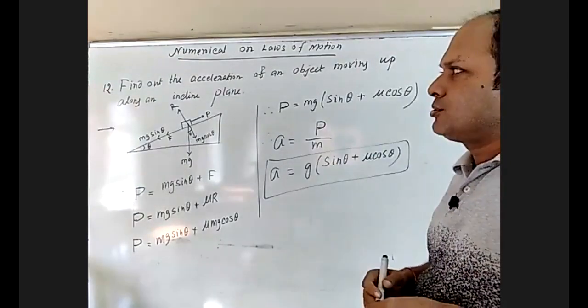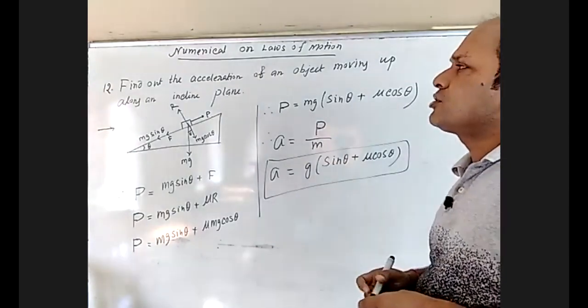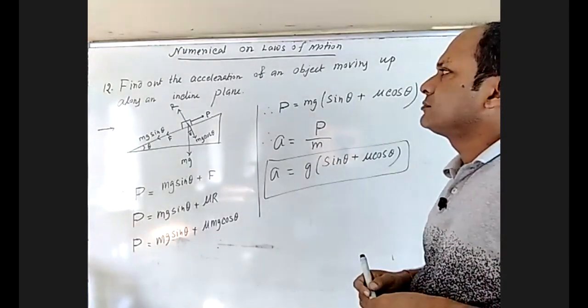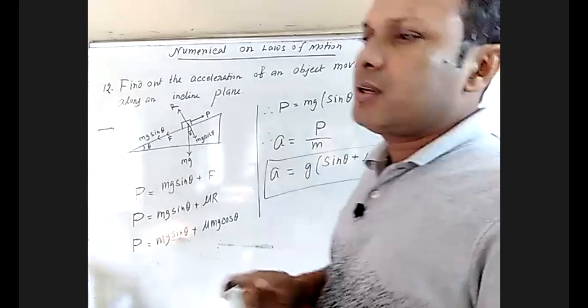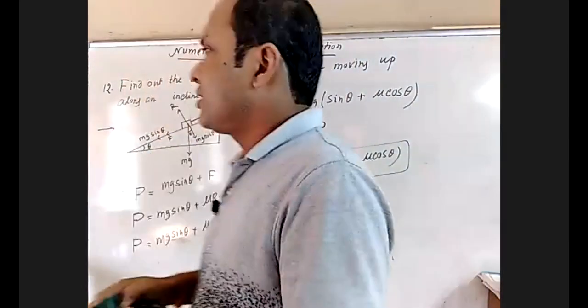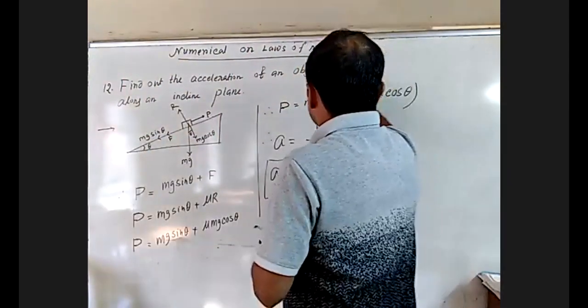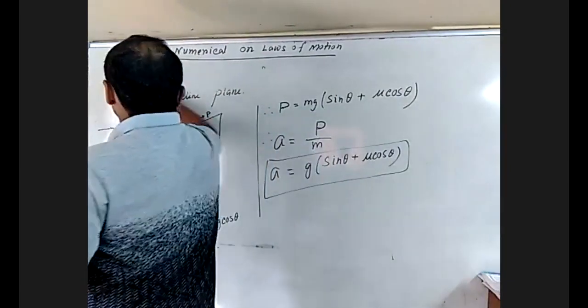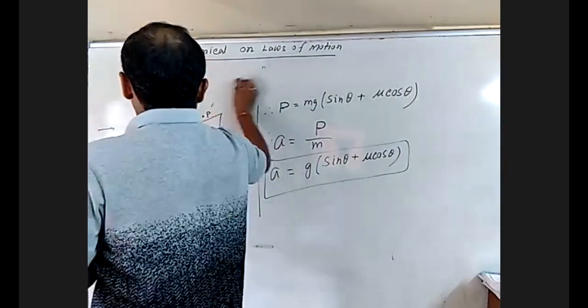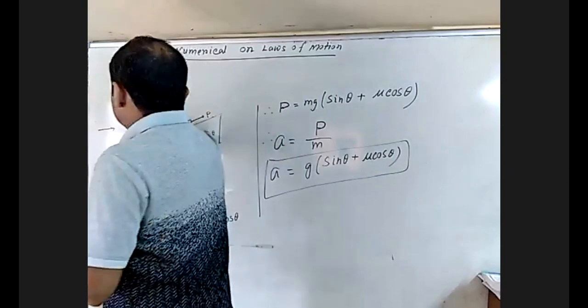Okay. So this is about the acceleration of an object whenever it is moving in the upward direction along the inclined plane. Clear?